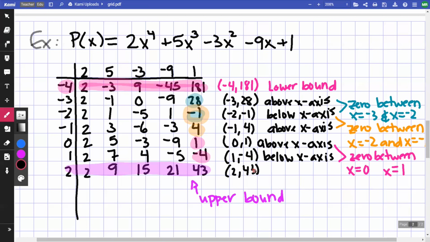I'm below, above, another 0. Because I was below at -4, and now all of a sudden I'm up at 43. So again, in this case, I have another 0 because again, I am above the X axis.